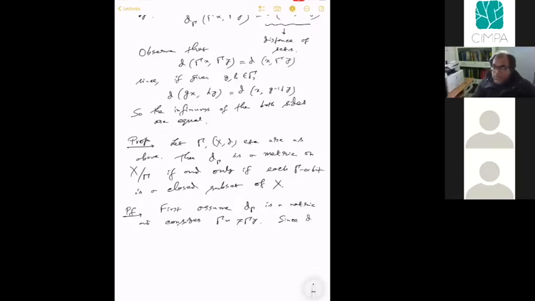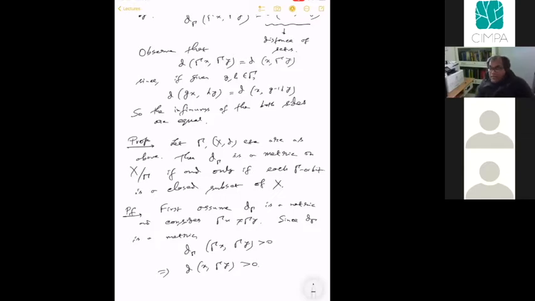Since d gamma is a metric, d gamma of (gamma x, gamma y) is greater than 0. This implies d(x, gamma y), because of what I have just observed, is greater than 0.